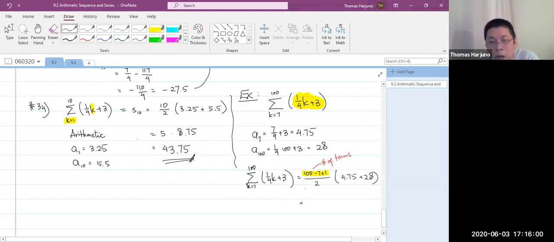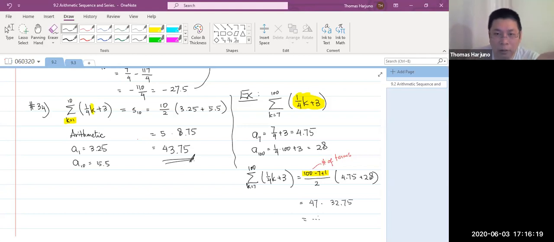So 100 minus 7, 93 plus 1, 94, divided by 2, 47. So this is 47 times 32.75. So the series is still an arithmetic series, even though you don't start from k equals 1.